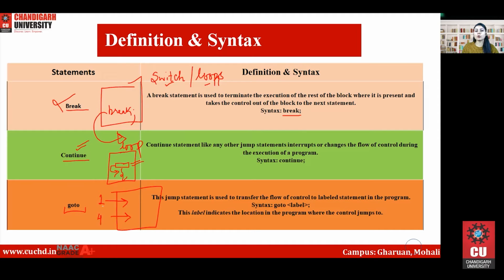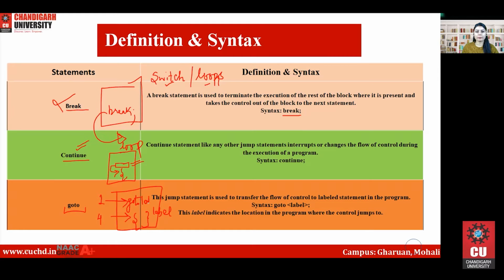I want to skip 2 and 3. So the code written at line number 4 will be considered as a label. And on line number 1, we will use a goto statement to this label. So from over here, what we will be writing is goto and the name of the label.